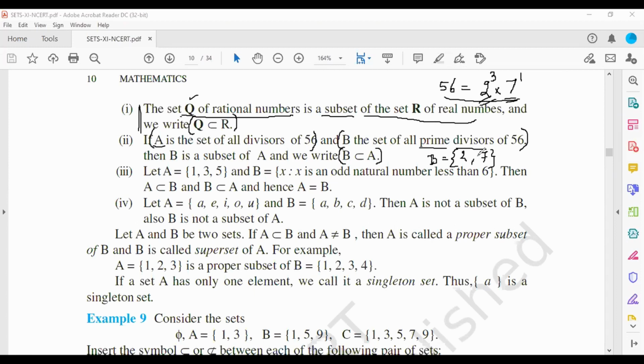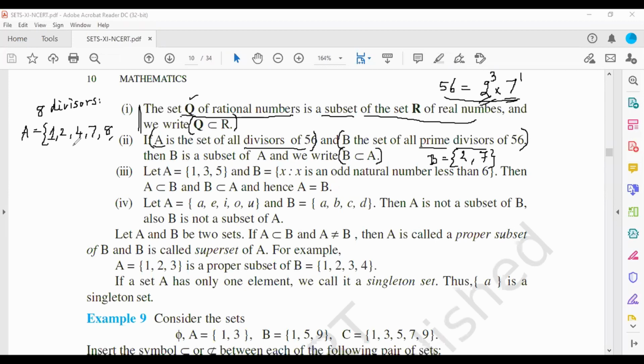But when you talk about the set of divisors, there are 8 divisors. Can we come up with all the 8 divisors? Beginning from 1 is a divisor, 2 is a divisor, not 3, 4 is a divisor, 7 is a divisor, 8 is a divisor.